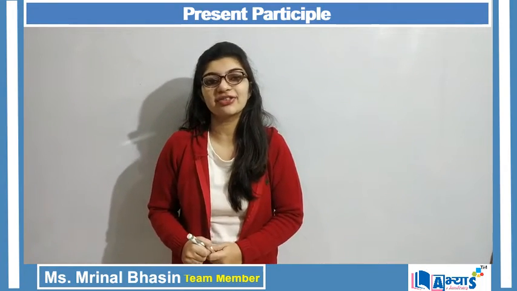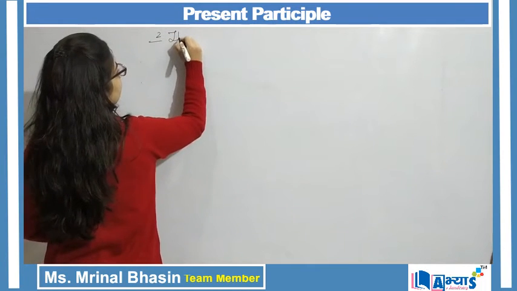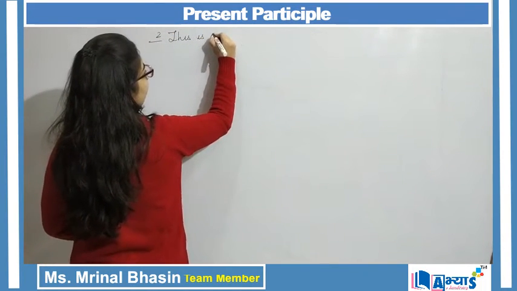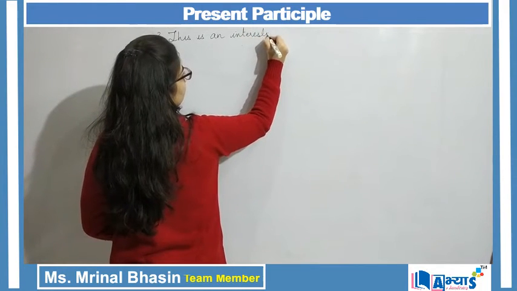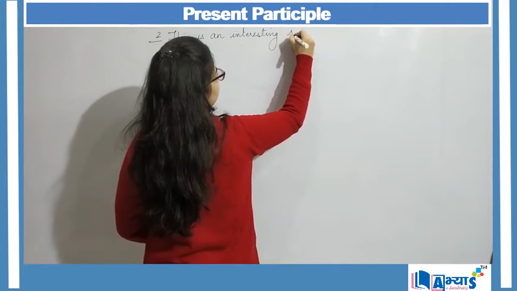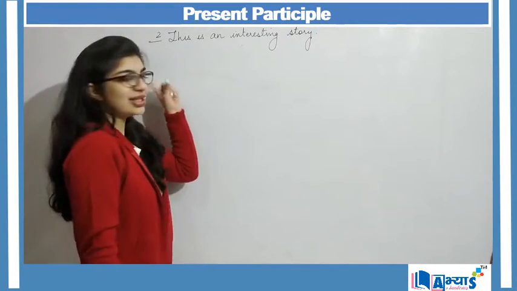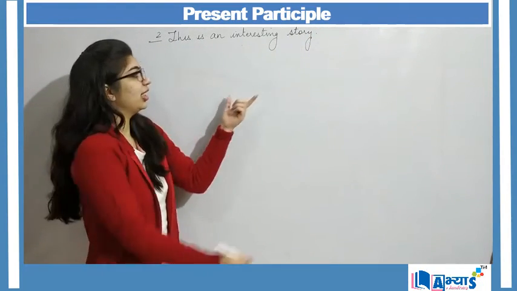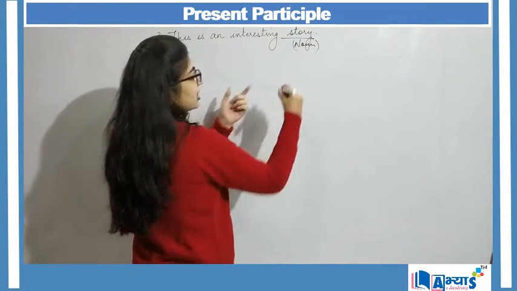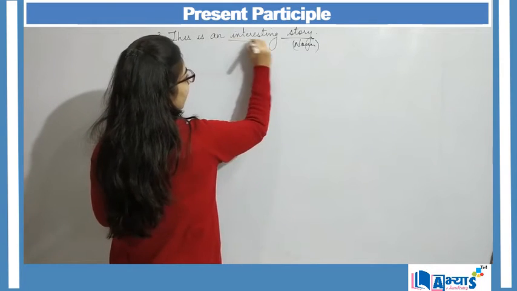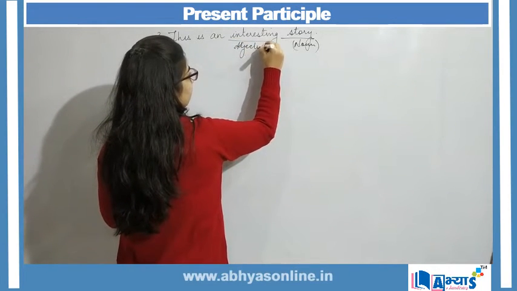Another participle as an adjective, another example is, this is an interesting story. Now this is an interesting story. Here story is my noun and story is described as interesting. So interesting is my adjective.